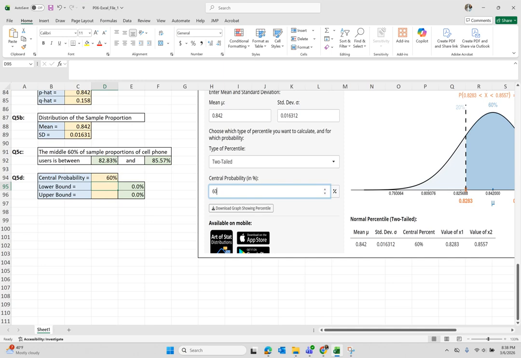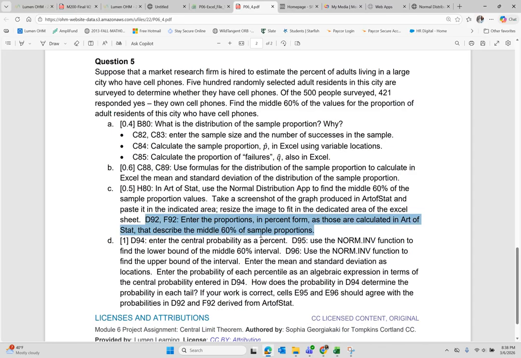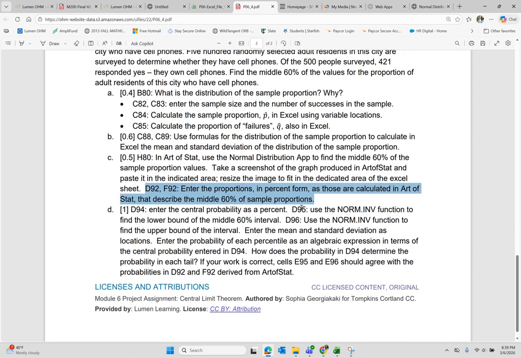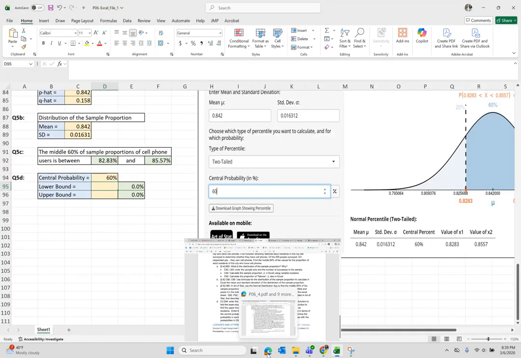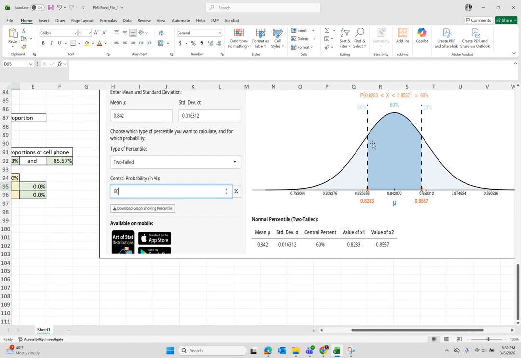It wants us to now find the lower bounds and the upper bounds. For the lower bound in D95, it says use the normal inverse function to find the lower bound of the middle 60% interval. And you notice here that the middle 60% interval leaves a 40% probability on each tail. That will be the alpha. If the confidence level is 60%, that will be the alpha.